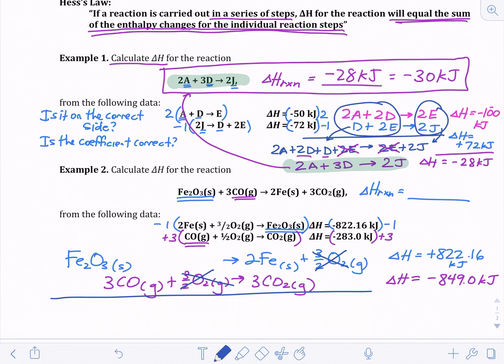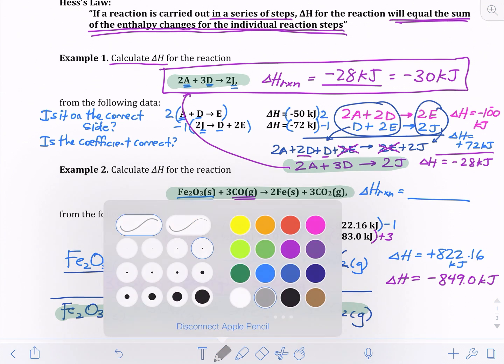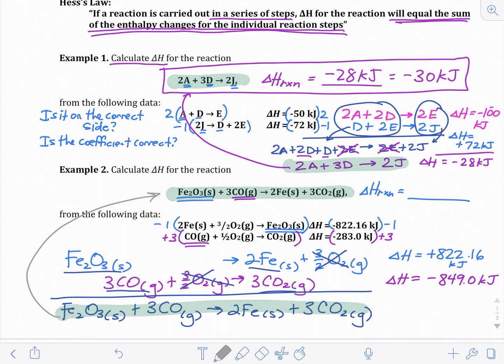But they cancel, and I make sure my other components are there. And they are, and that's all that's there, which is important. That's the reaction that I was looking for. So I've just built that reaction from my given reactions.